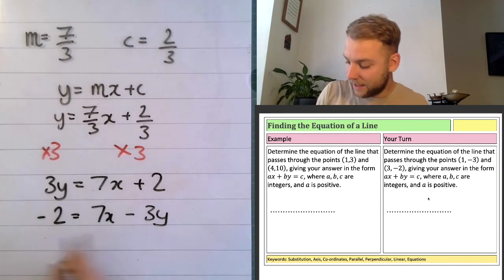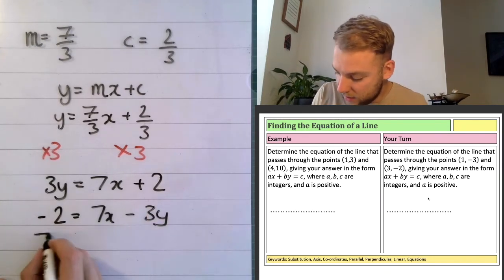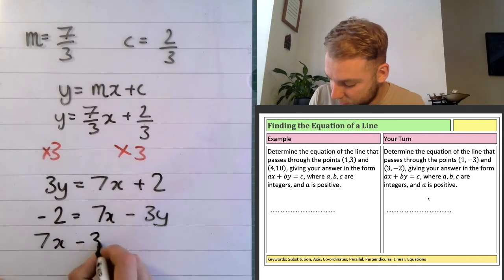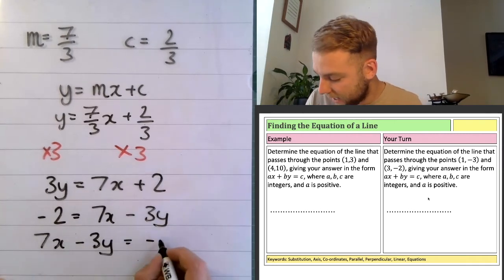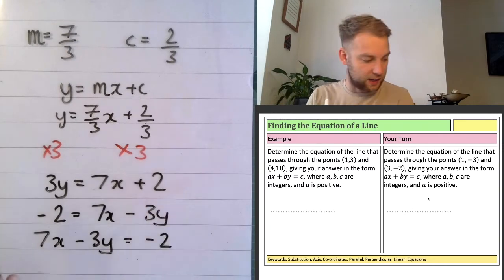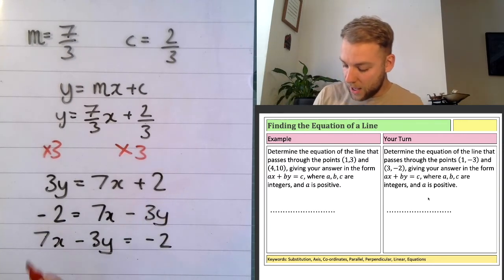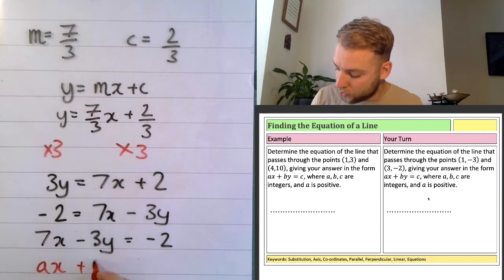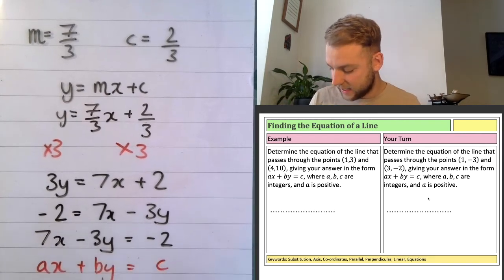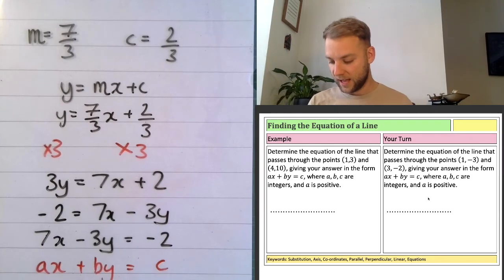Now I need to just flip these around, so 7x minus 3y is equal to negative 2. I've just rearranged that, okay? And then it's in the format, which is exactly what I want. So ax plus by is equal to c, where a is positive in this case.